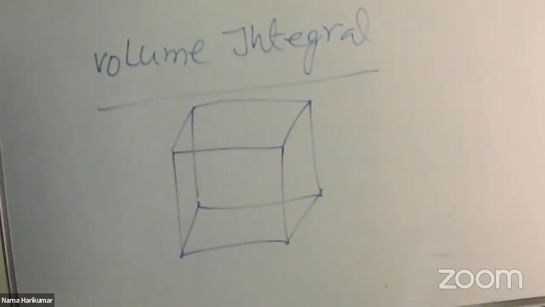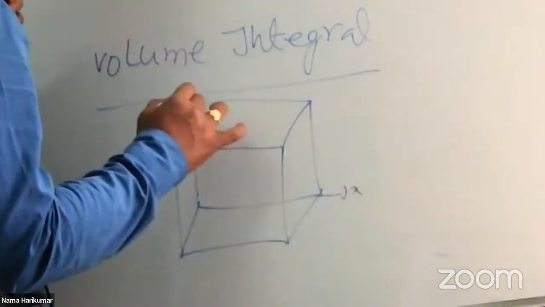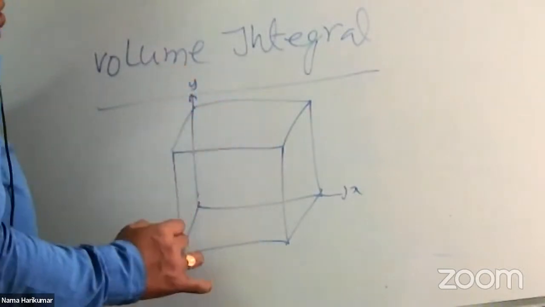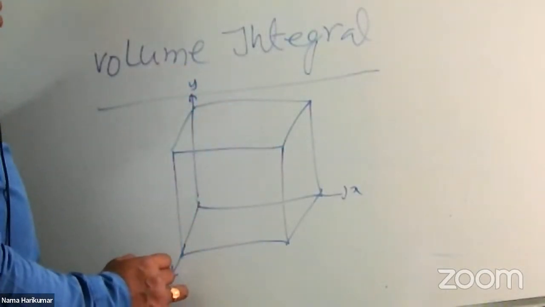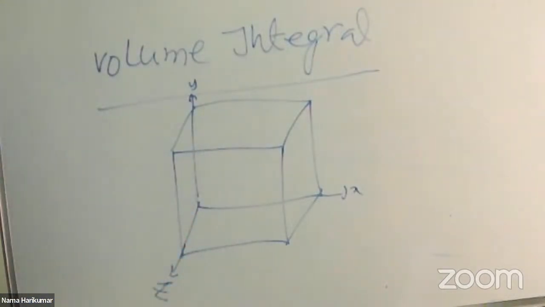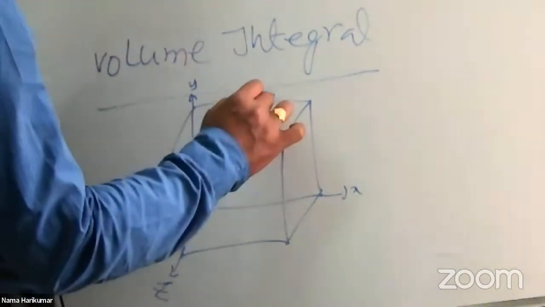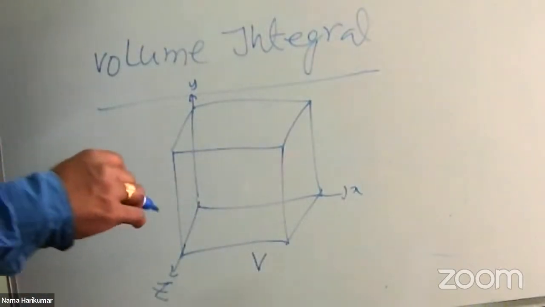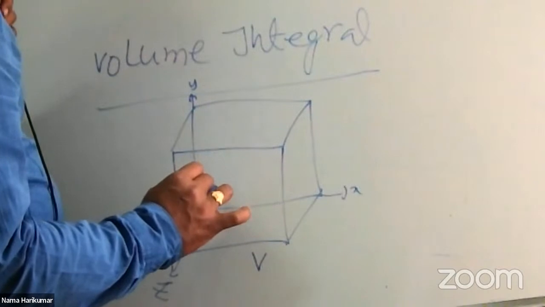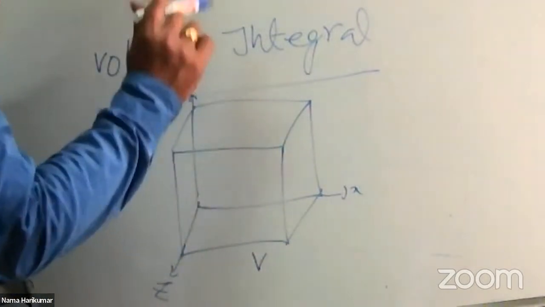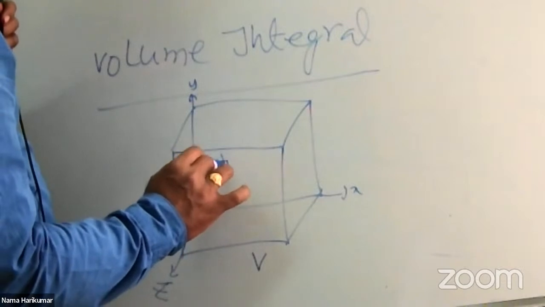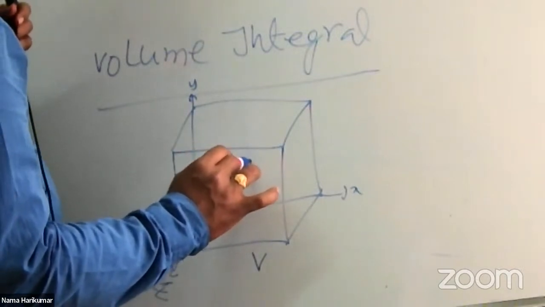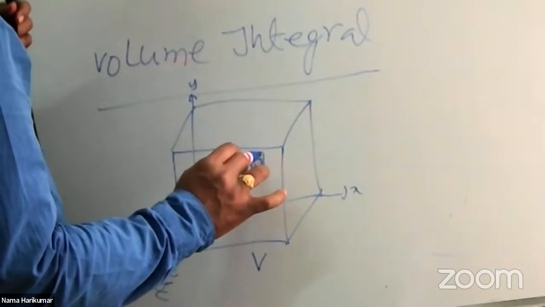This has three dimensions: x, y, and z. In the three-dimension system of the cube, the value is v. The cube is a formation of a number of small values, like this. This is one value, another value, and so on.